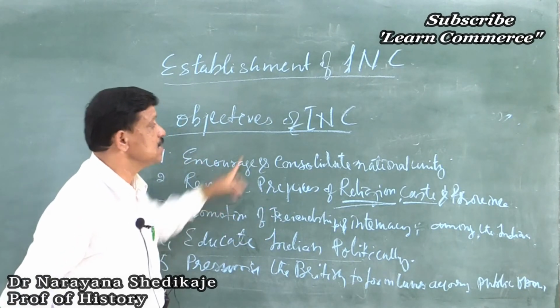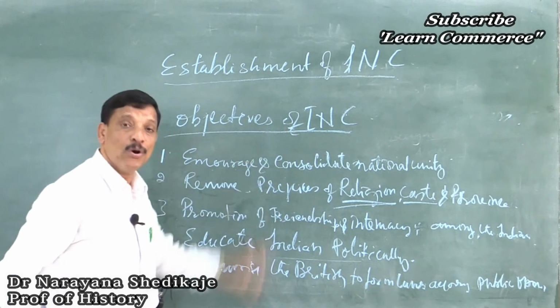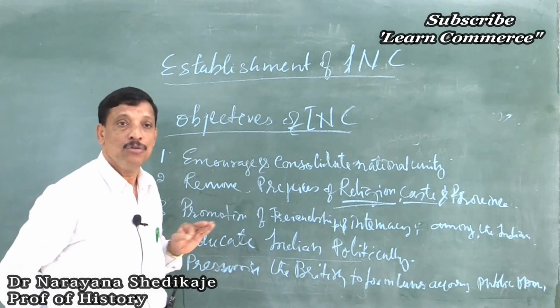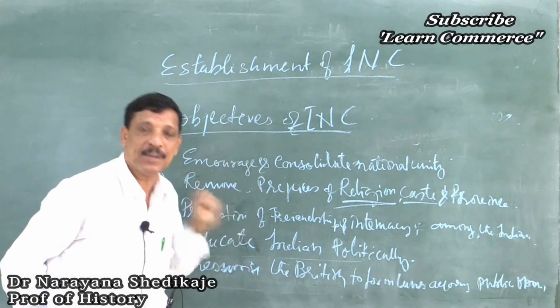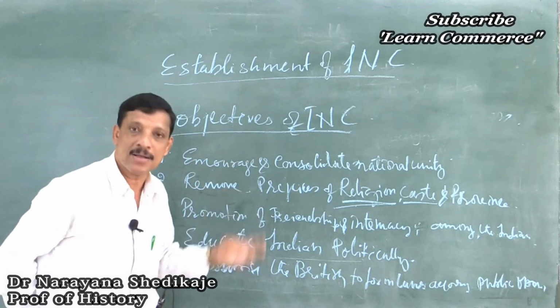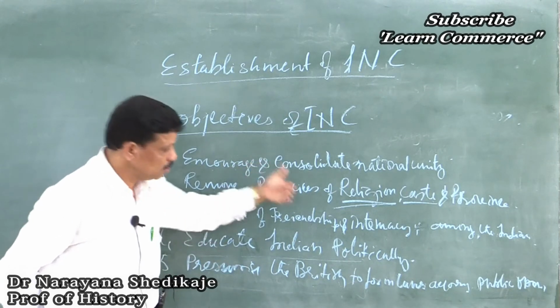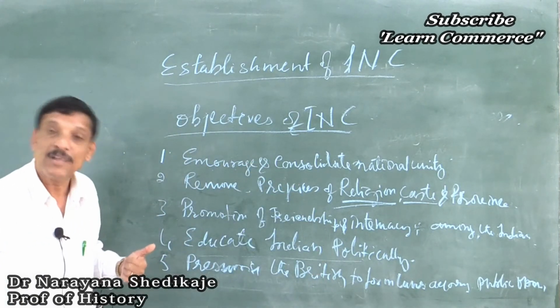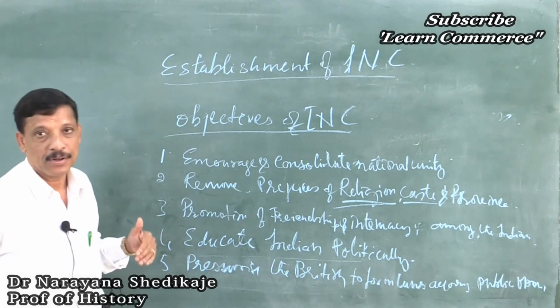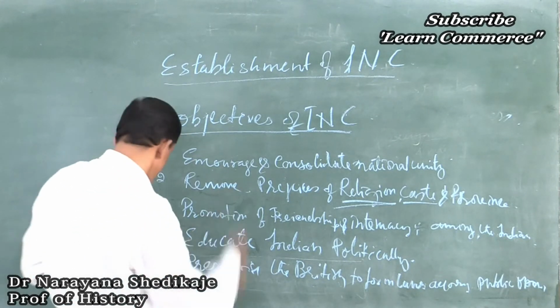That organization is the Indian National Congress. Through the Indian National Congress, we should compel the British government to enact anything in favor of public opinion, so that we can get the benefit. This is another important objective.